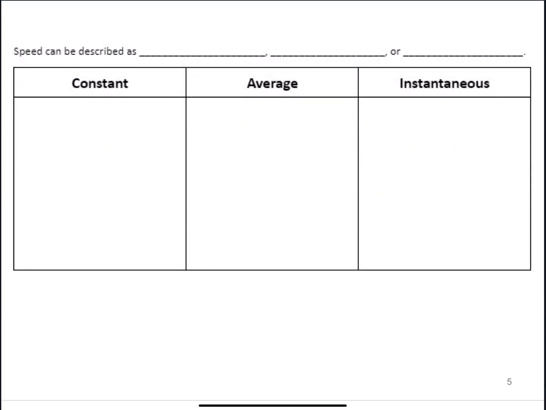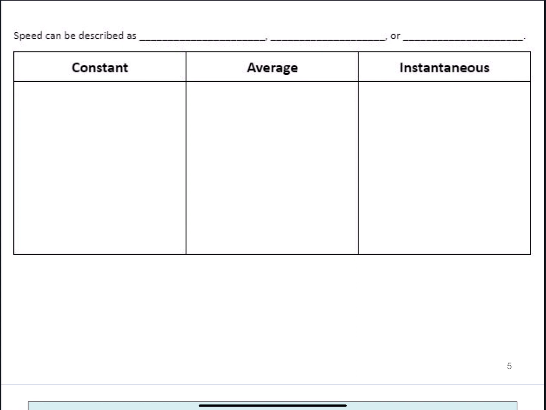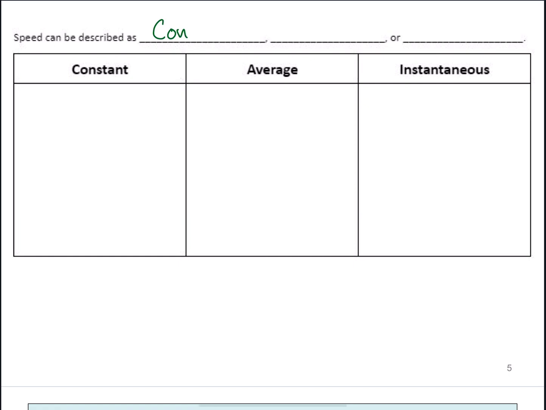All right, so now how can speed be described? Well, there's really 3 ways we look at speed. We can talk about constant speed, we can talk about average speed, and we can talk about instantaneous speed. Now let's start with constant speed.